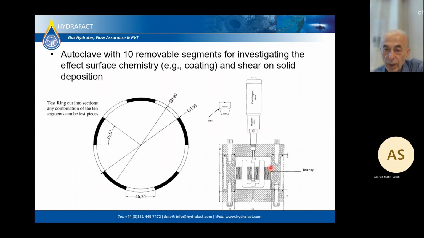Here we can use different paint to see the effect of paint on the deposition tendency, and we can create different shear rates as well.